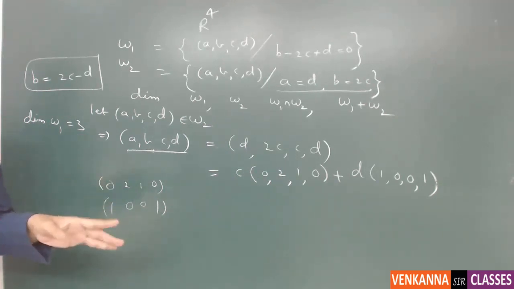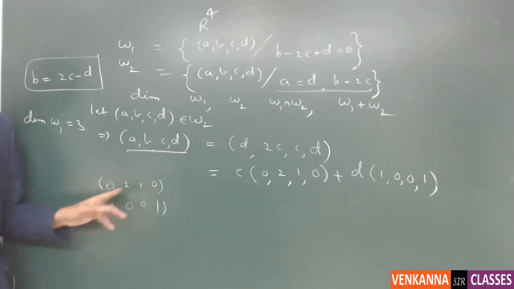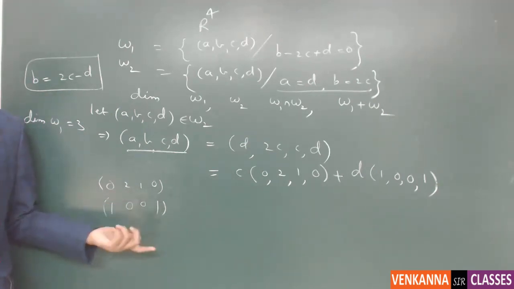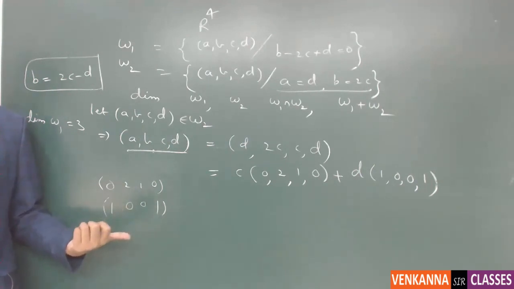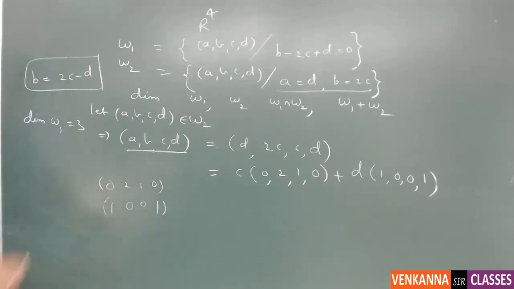If it is possible, they become dependent, otherwise they are independent. If you observe the positions, this is 0, 0, this is 1, 1. It is not possible to write one vector as a multiple of the other. So they are clearly independent. So these two vectors are nothing but a basis. Hence, the dimension of W2 is nothing but 2. Clear? Any questions? Any doubts for anyone?